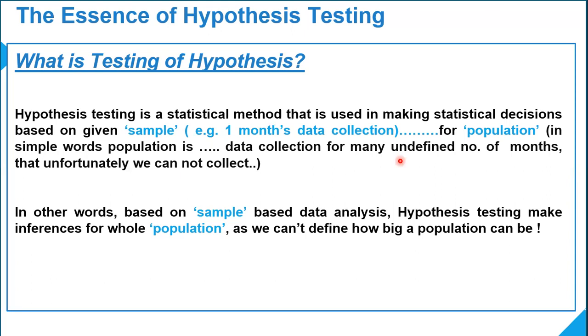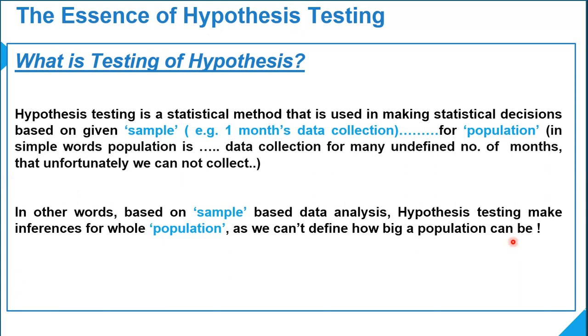In other words, based on sample-based data analysis, hypothesis testing makes inferences for the whole population, as we cannot define how big a population can be. And that's the power of hypothesis testing. Based on small sample-based data, we make a prediction for the whole population.